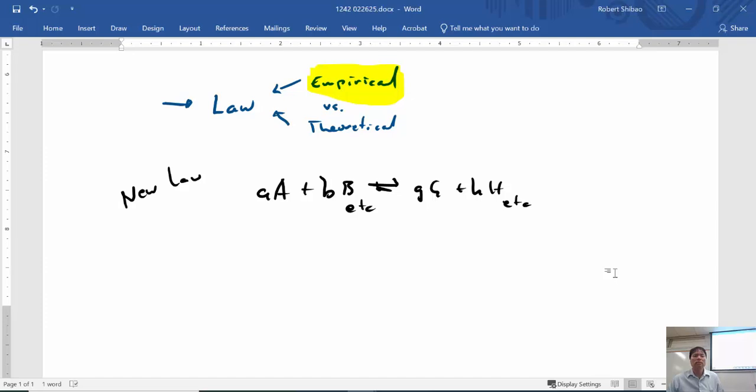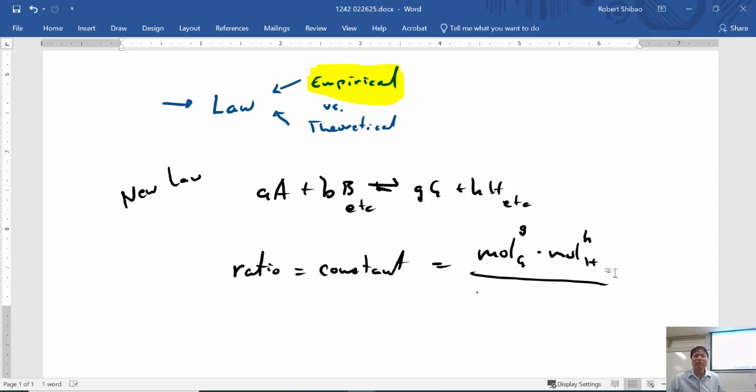And so what we're going to get for this new law is that the ratio is equal to a constant, which is equal to the moles of G times the moles of H. Now G is going to be raised to the coefficient g power, and H is raised to the coefficient h power, divided by the moles of A raised to the little a times the moles of B raised to the little b.